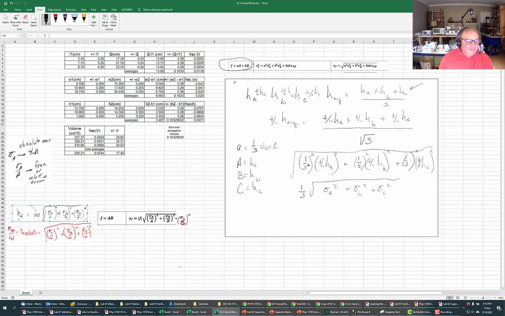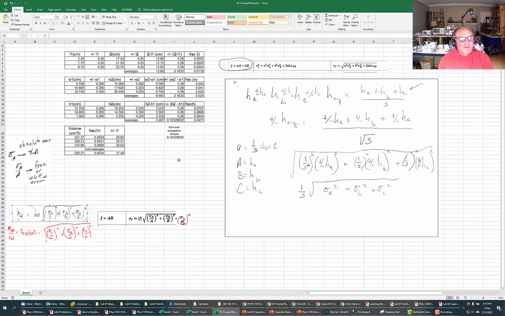Now, this is what's pretty interesting, though. Look over here. First of all, here is the formula where I took the average of them and divided by the square root of 3.